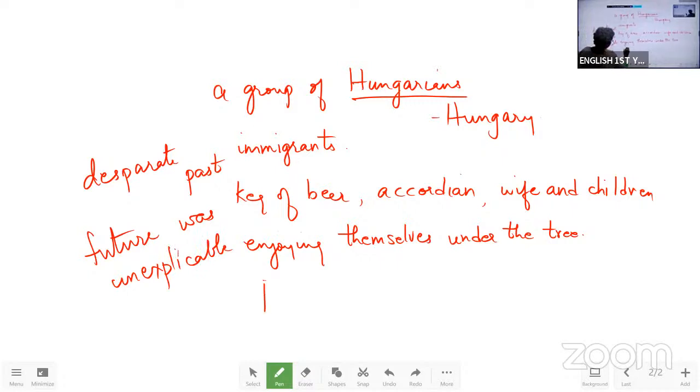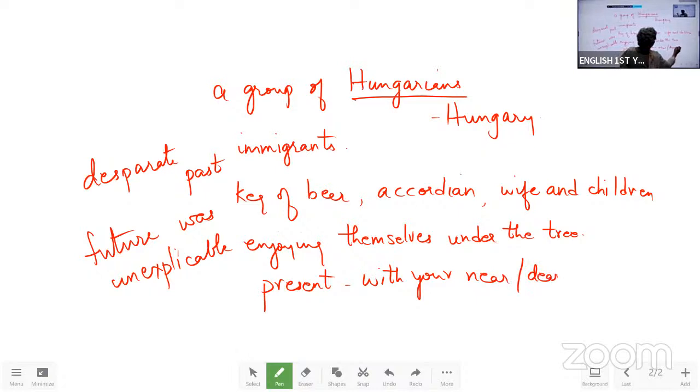The present with your near and dear ones. And that's when he understood it is not fame, money, or success that makes a man happy.